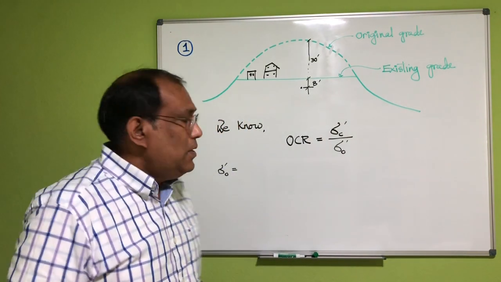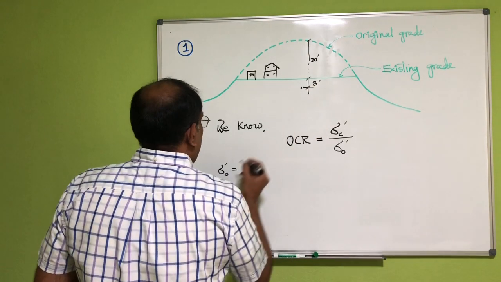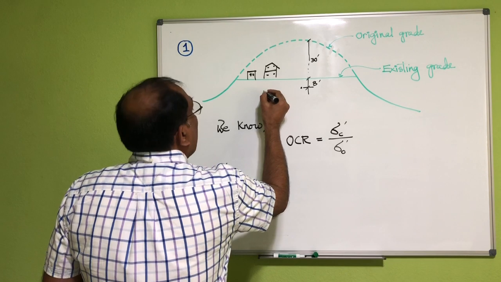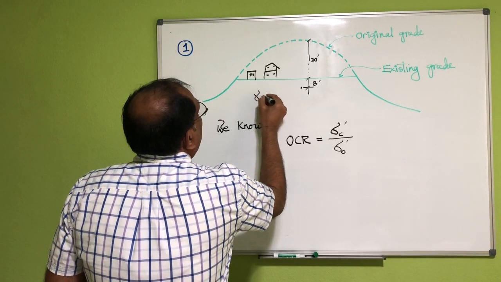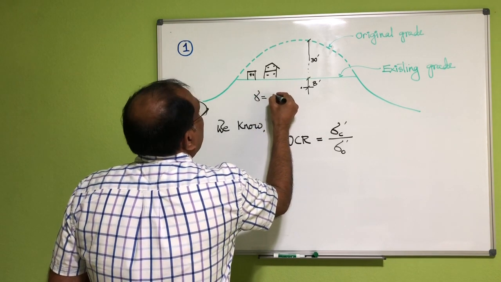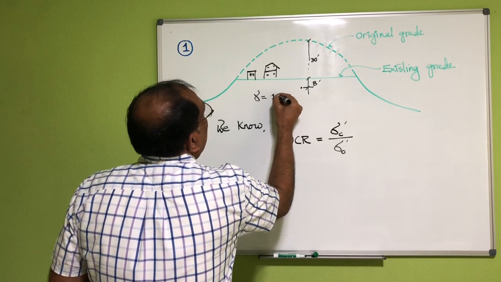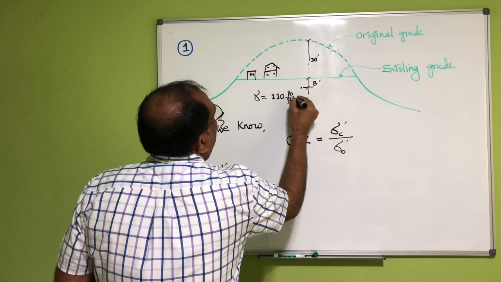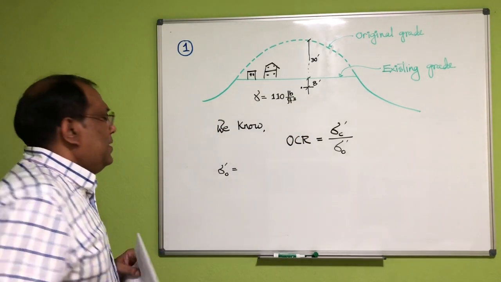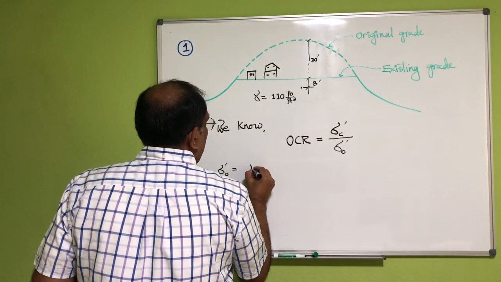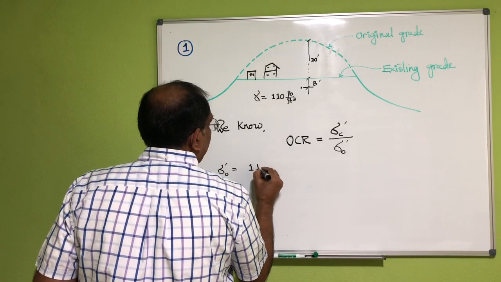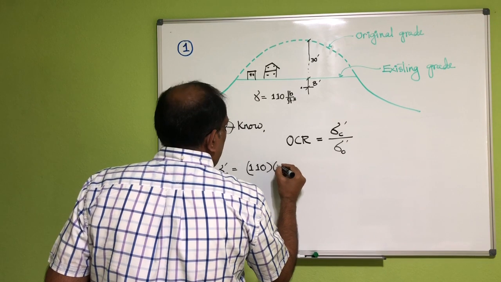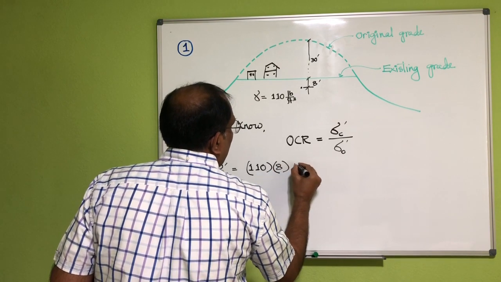So the current overburden pressure would be, let's say they gave you the gamma of that soil, which is 110 PCF. Current overburden pressure would be gamma H, which is 8 here.